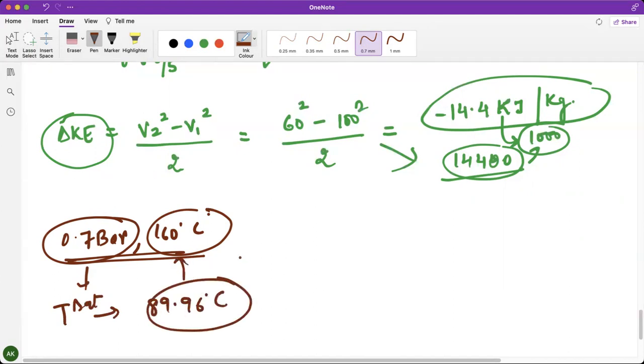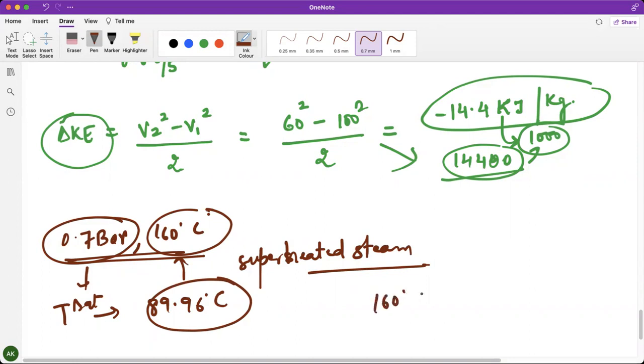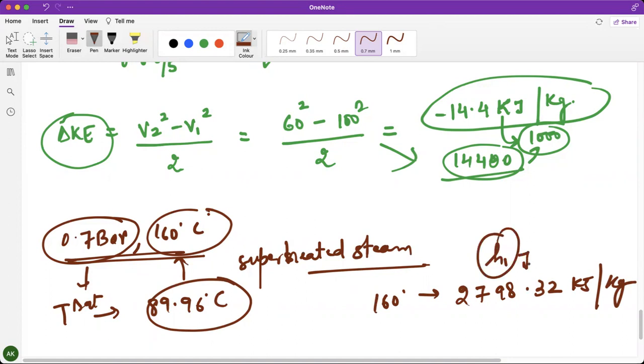Given temperature is higher than this. So we have the state at the inlet is superheated steam or superheated vapors. By the interpolation method, at 160 degrees Celsius, the value of enthalpy is 2798.32 kilojoules per kg. So this is the value of H1.